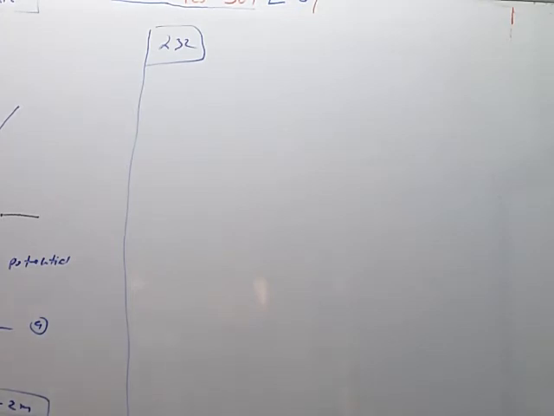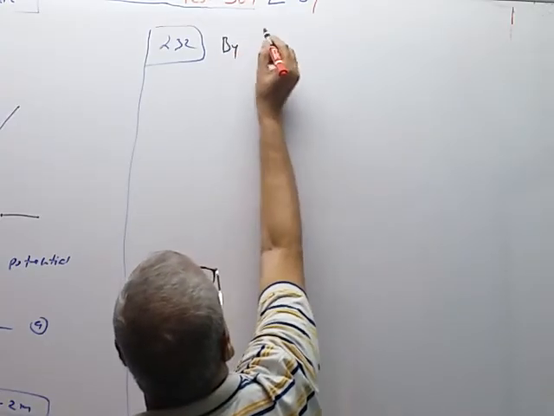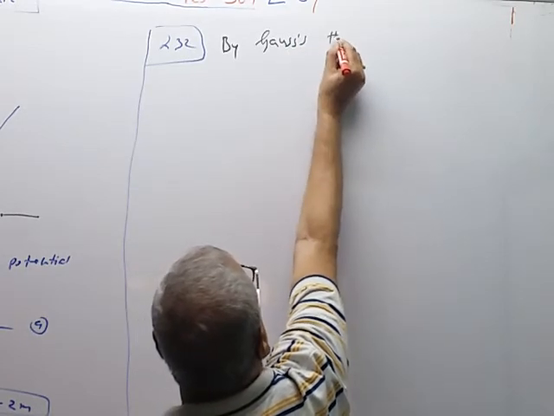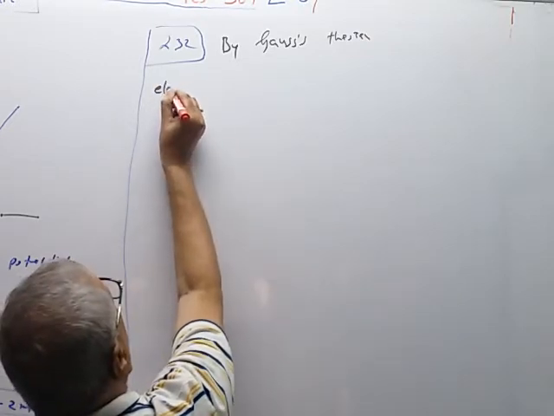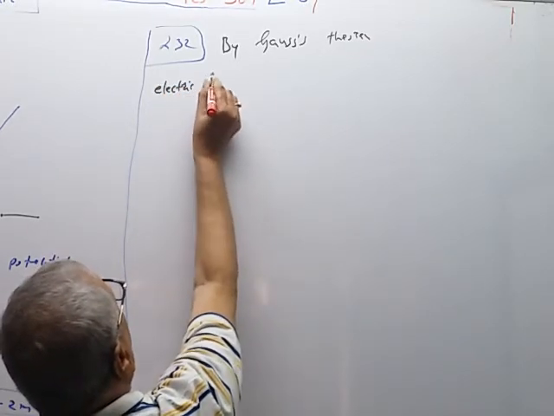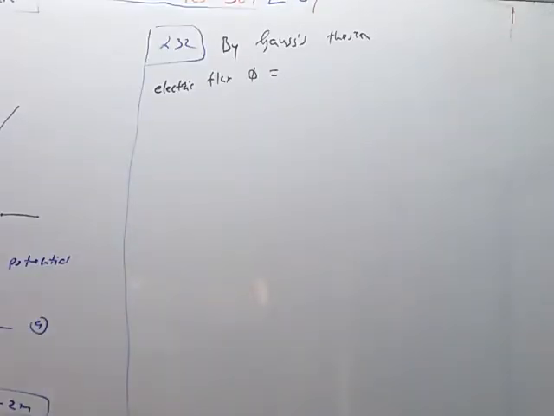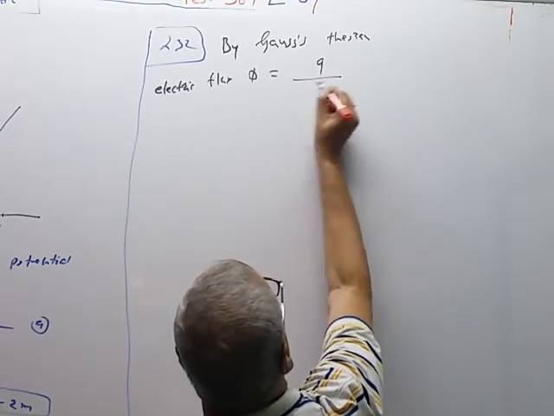So by Gauss's theorem, electric flux phi. Electric flux means number of electric lines of forces passing through the given area. Electric flux phi is equal to Q upon K epsilon naught.